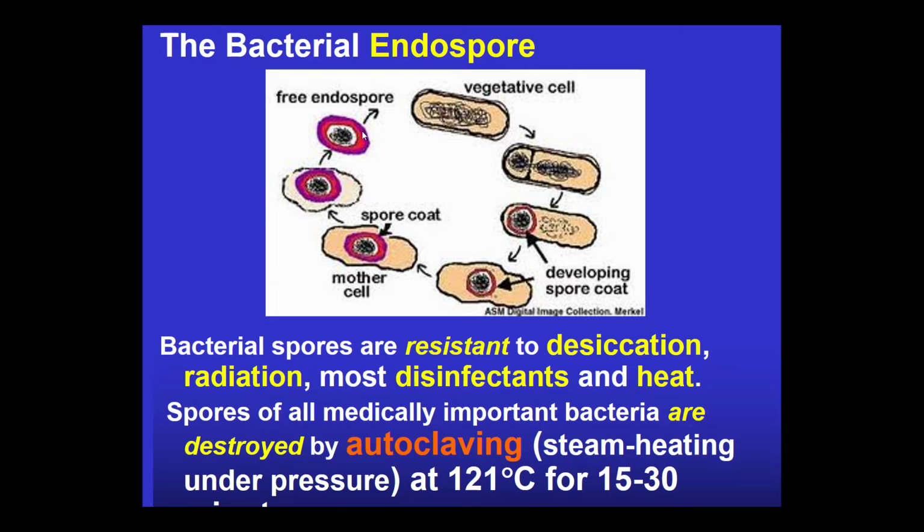So if we see the free endospore, when we place it in good conditions, it will germinate, and the process is called germination into a vegetative cell. Then after a while, vegetative cells divide and grow, but then if conditions get worse, they start cell division and divide into portions in one of which the developing of the spore coat will be seen.